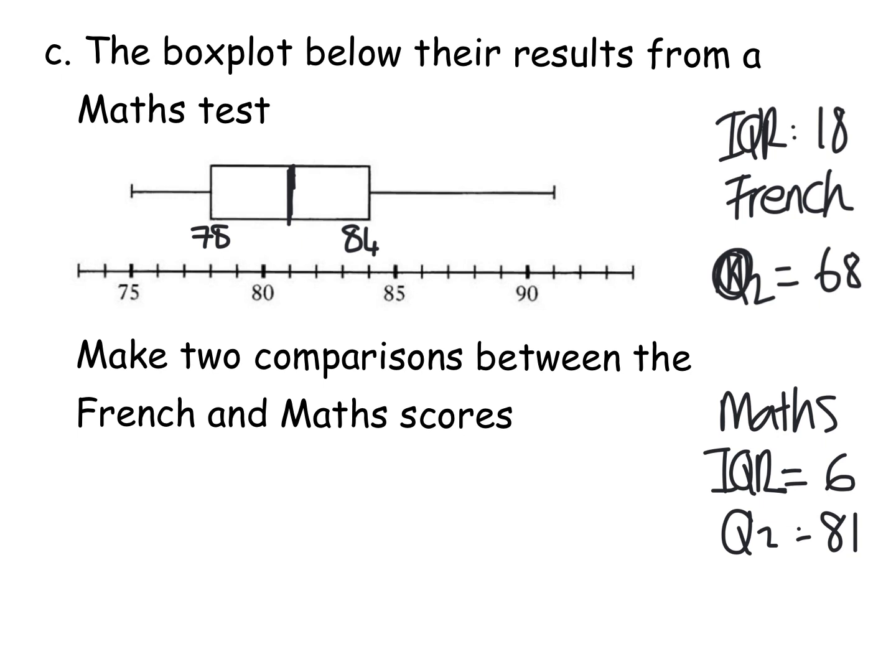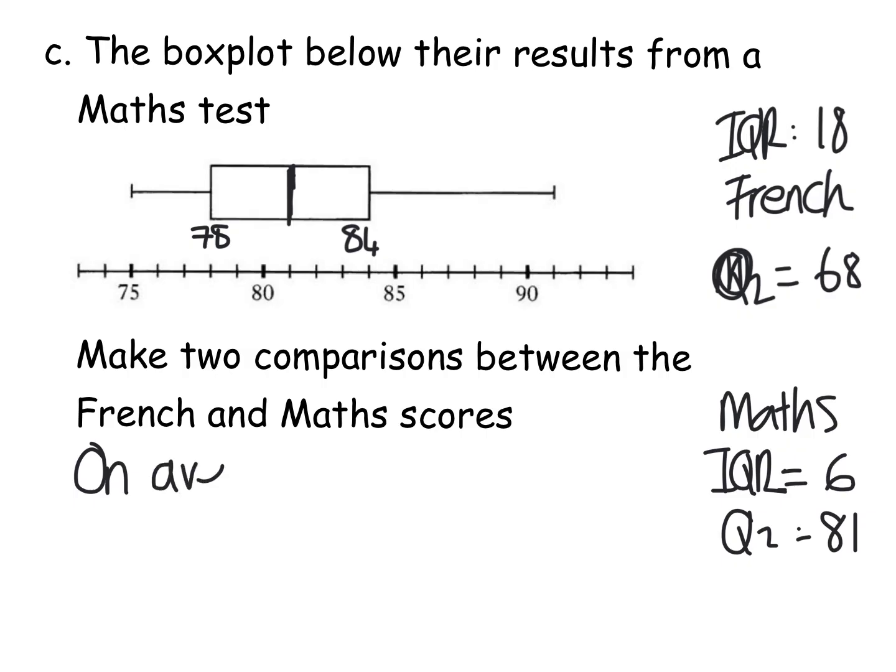So I need to make 2 comparisons. Now, first comparison, I'm going to start with the medians. Remember, another word for median is average. Now, if we look at maths, the median or average has gone from 68 to 81. So I'm going to say on average, it's obviously gone up or it's higher. So on average, pupils have scored higher in maths.